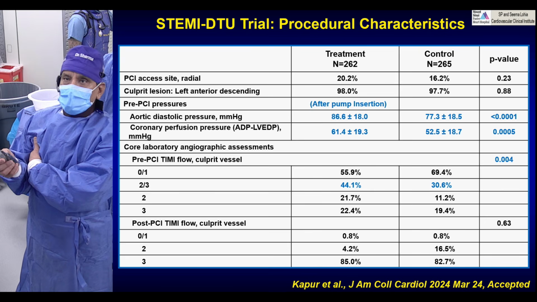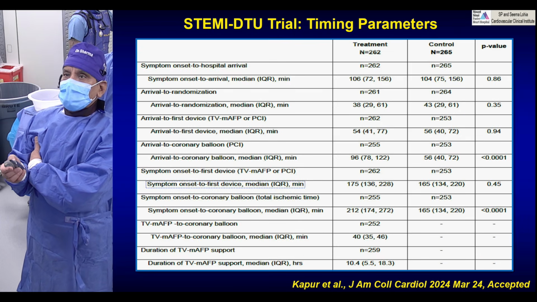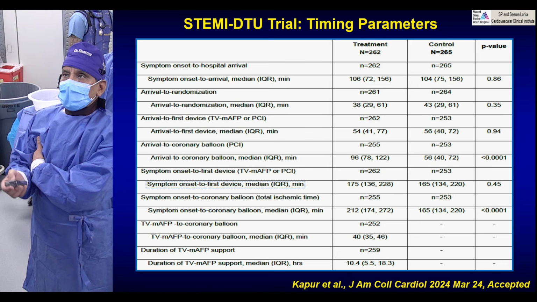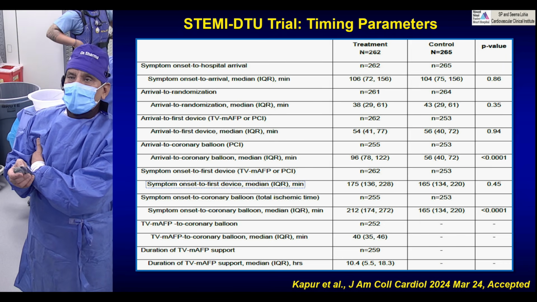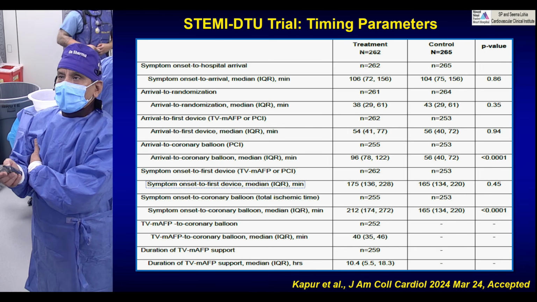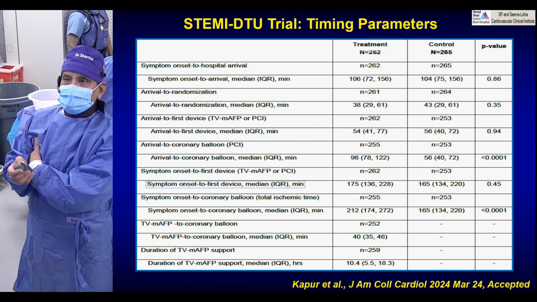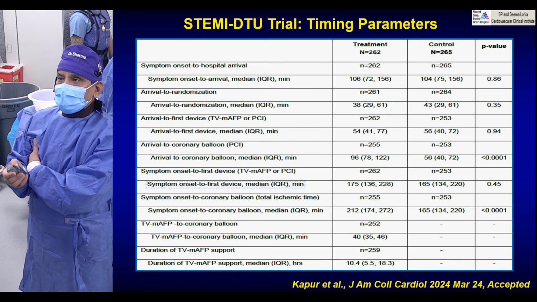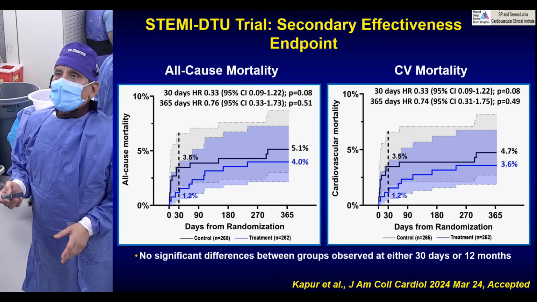But overall, you see better pre-PCI TIMI flow, and the timing. If I have to say, the symptom onset to first device time is 175 versus 165, although the p-value is not different, but symptom onset to coronary balloon dilatation was 200 versus 165 because you had to wait 30 minutes in this.